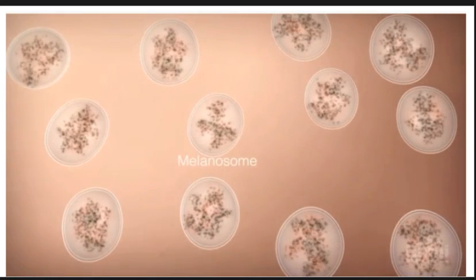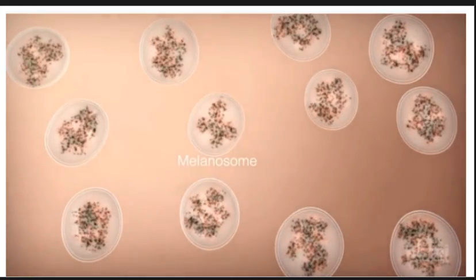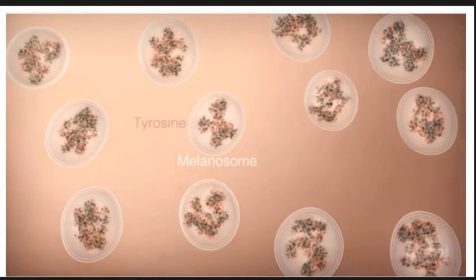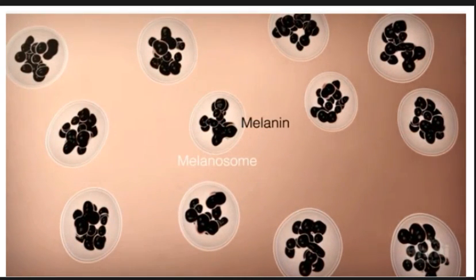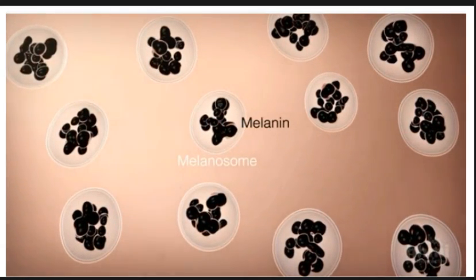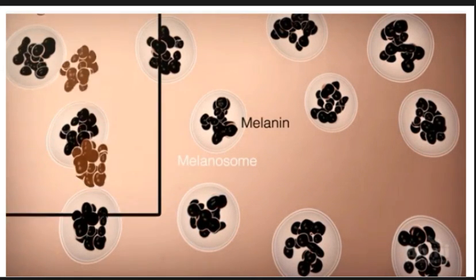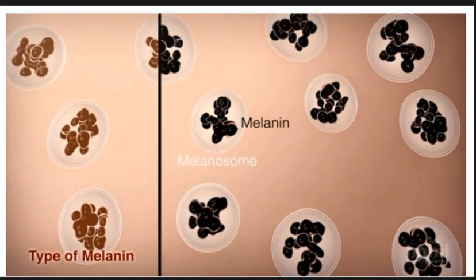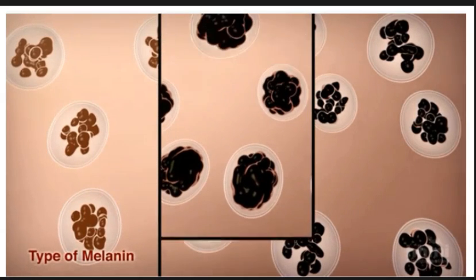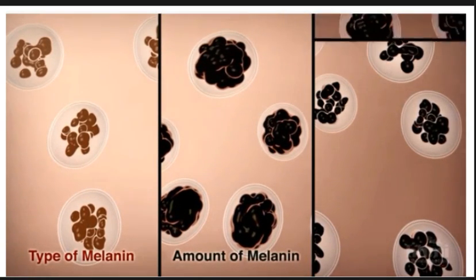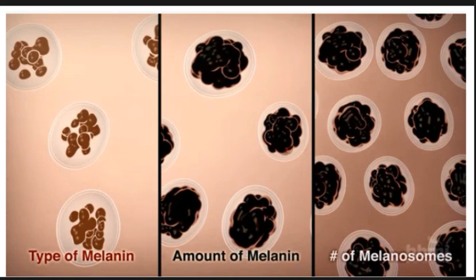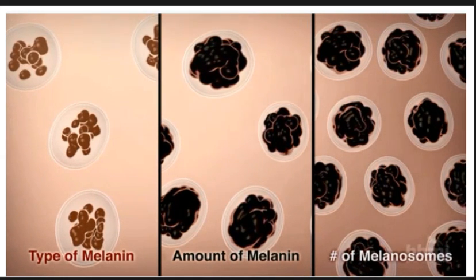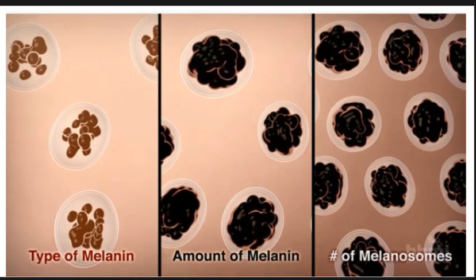Chemical reactions inside melanosomes turn the amino acid tyrosine into melanin. The proportion of two main forms of melanin produced, a reddish-yellow type versus a black-brown type, the total amount of melanin in each melanosome, and the number of melanosomes in the epidermis all vary from person to person and determine their skin color.